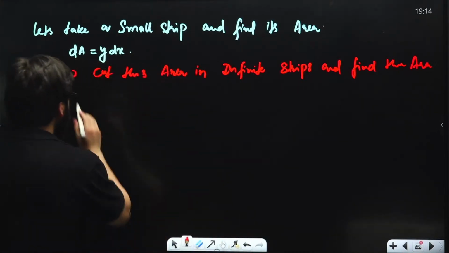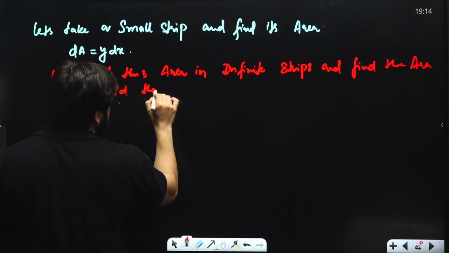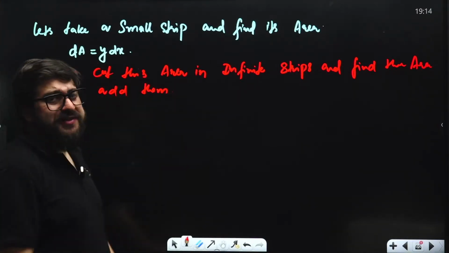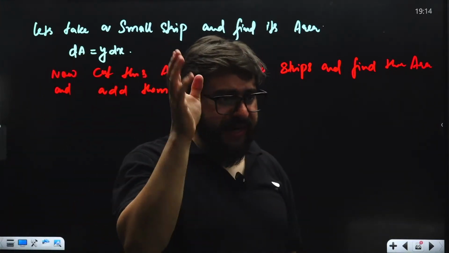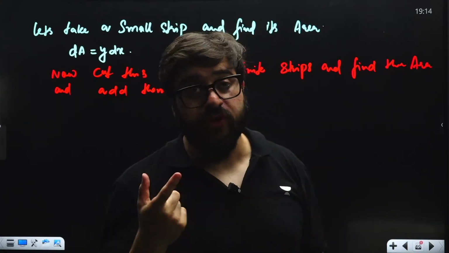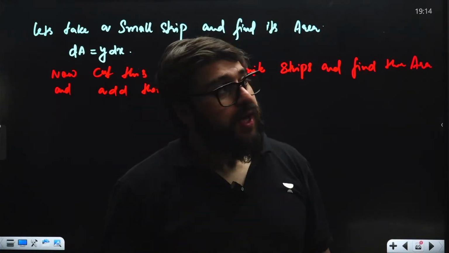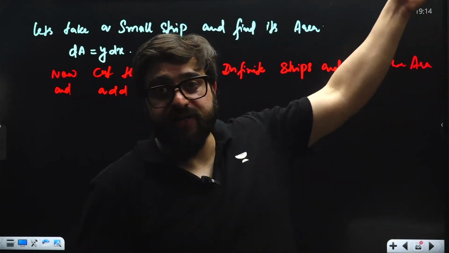Now afterwards, add them, guys. If you got the area of all those strips, dA, dA, dA, dA, dA, and you have to add all of those, what will you do? Sir, I'll use the summation. No, that will not work over here. Why? Because these are the infinite quantities.